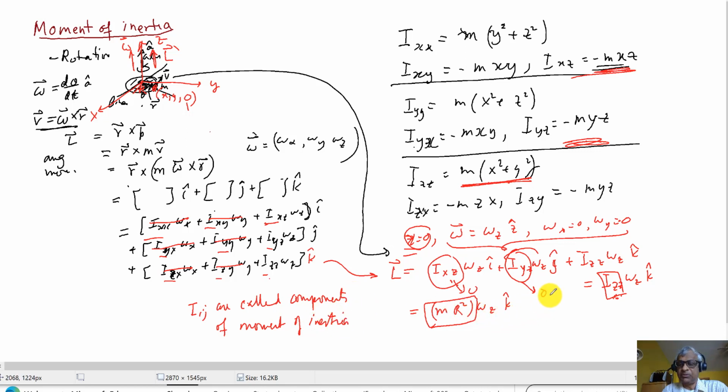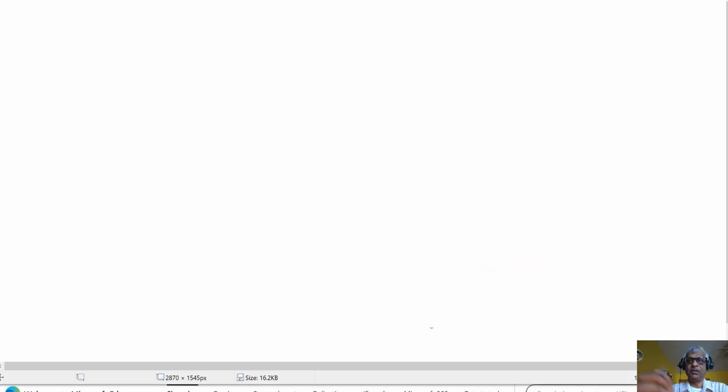Of all of them, the only one I needed was Izz, and that's actually a lot of simplification. So to recap, we have a situation where a point mass m is going in a circle, and this is my z-axis, this is my x-axis, this is my y-axis, and this is at angle theta.